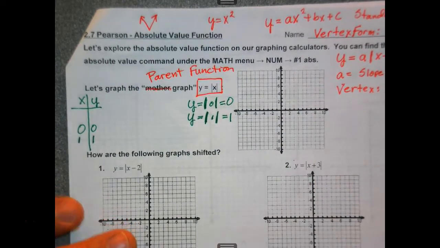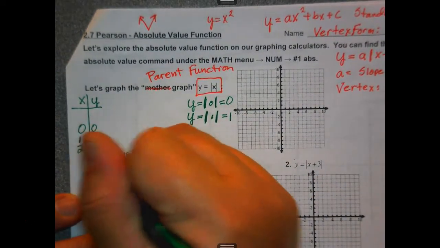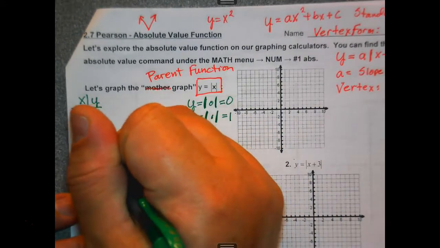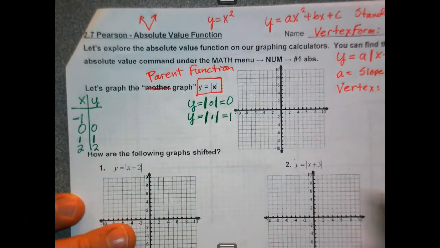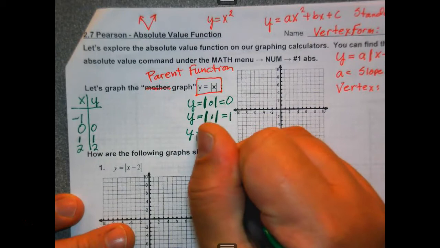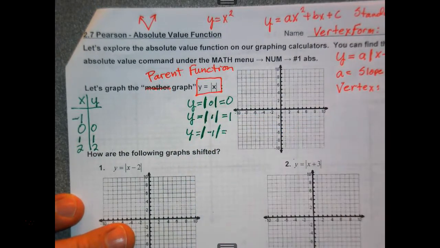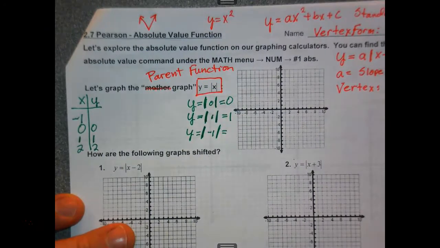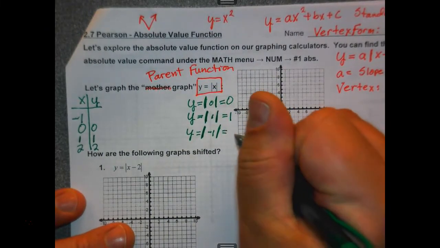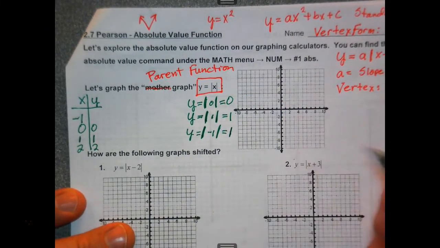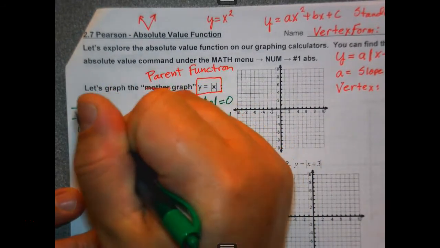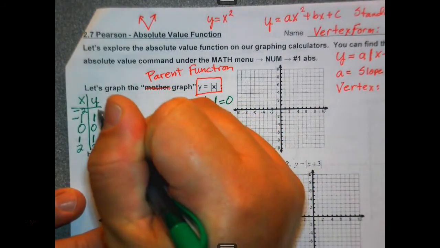What do you think the absolute value of 2 is going to be? 2. Good. How about negative 1? y equals the absolute value of negative 1. It's just 1, because everything that comes out of absolute value bars has to be positive. What do you think negative 2 is going to be?